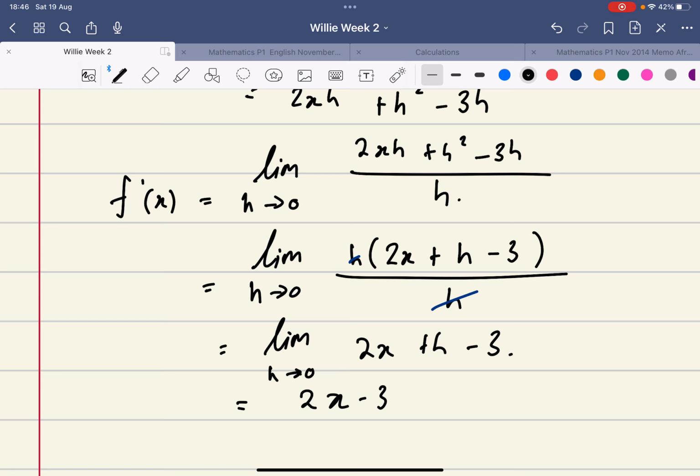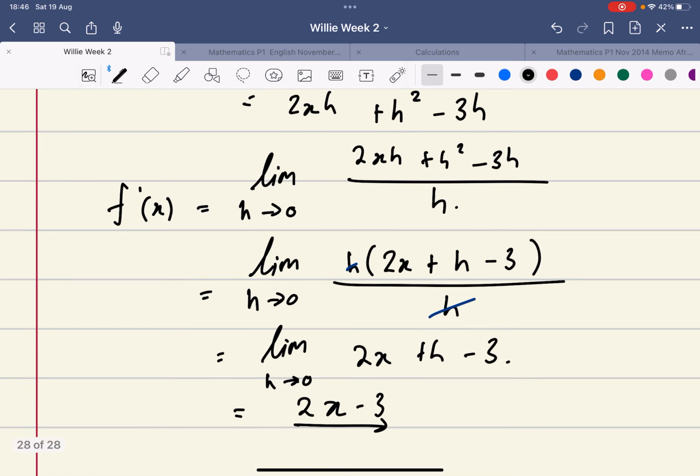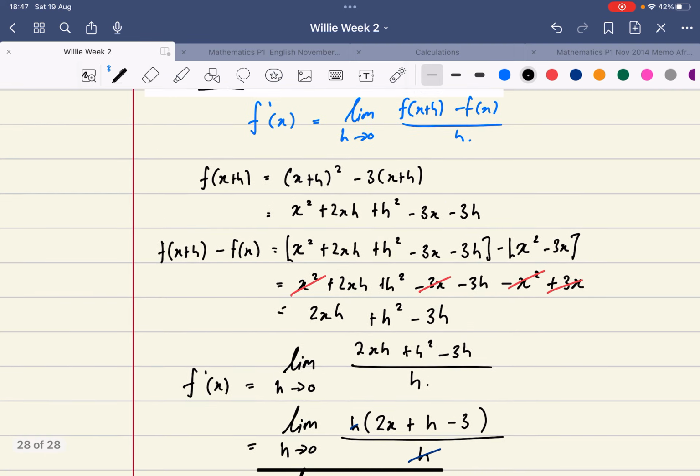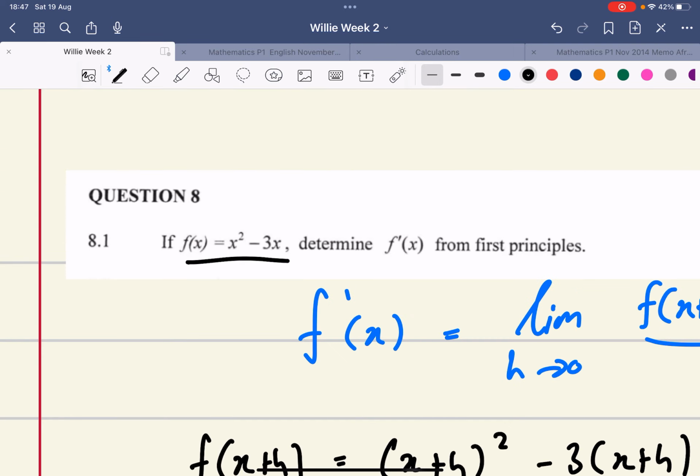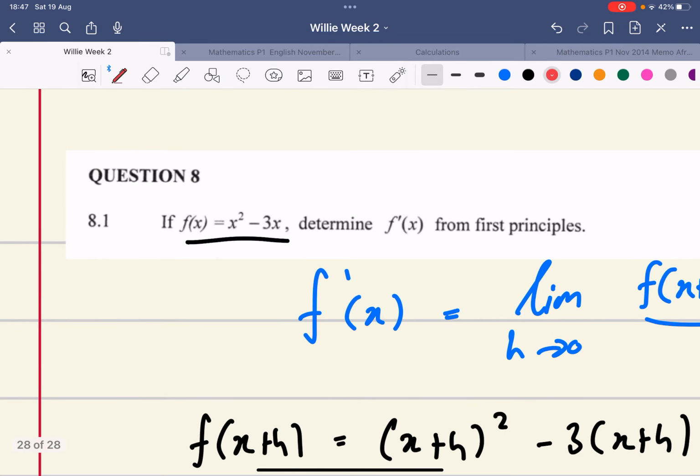Okay, so what I'd recommend in a question like this is go back to your original function and use your well-known rules for differentiation. We know that it's going to be 2x minus 3.